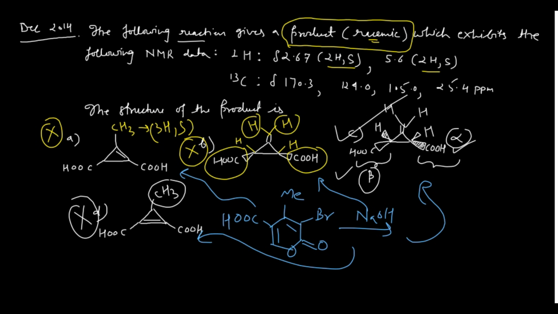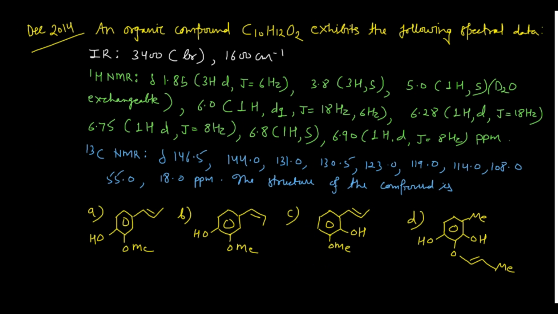Now moving to the next problem. In fact, this would be my last problem. The question says, an organic compound C10H12O2 exhibits the following spectral data: IR 3400 centimeter inverse, and again 1600 centimeter inverse.